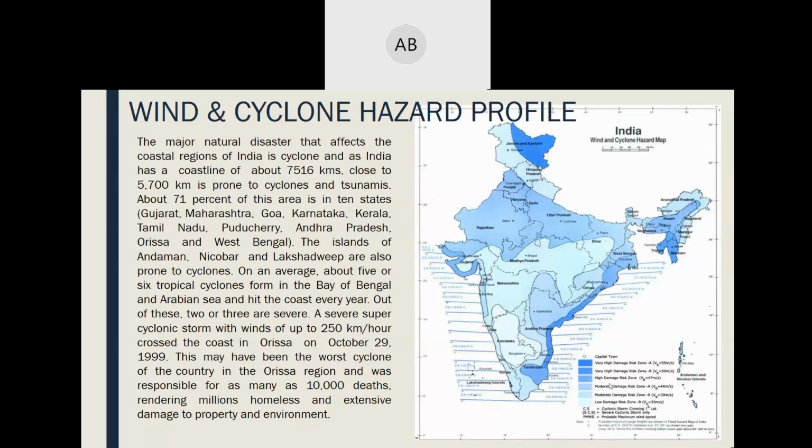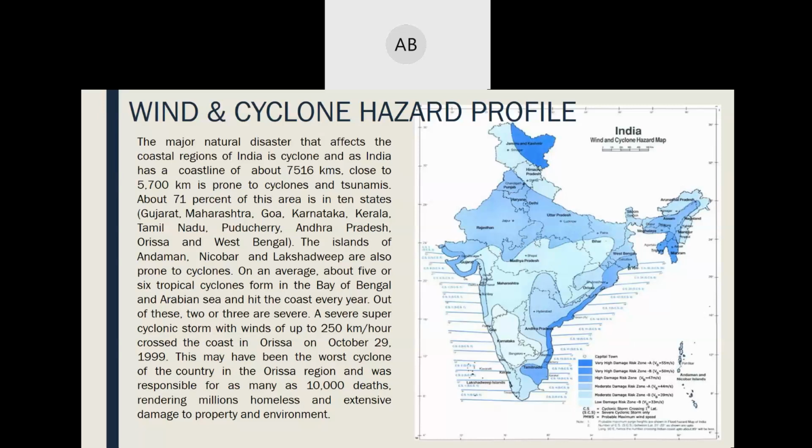So you see here it is categorized into one, two, three, four, five, six risk zones, and in every risk zone, the average velocity or wind speed is recorded here. Roughly, if it is more than 55 meters per second, it is in the darker category areas.